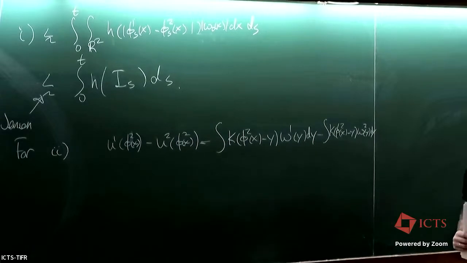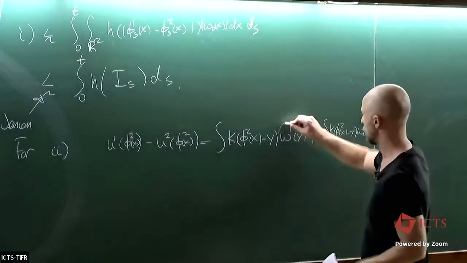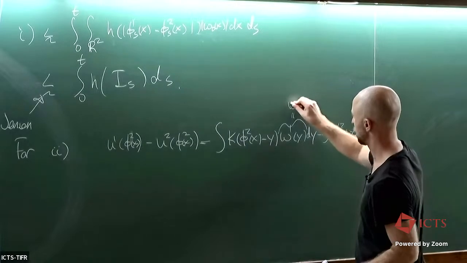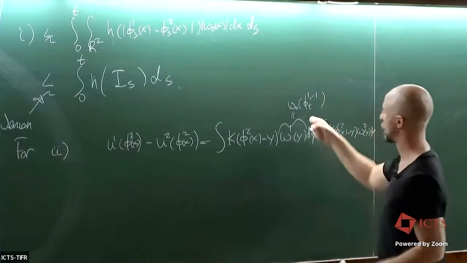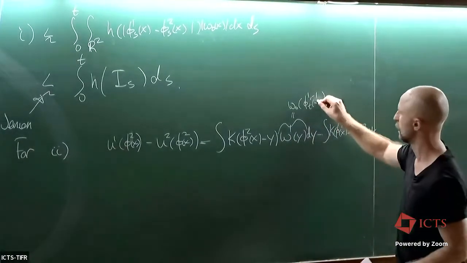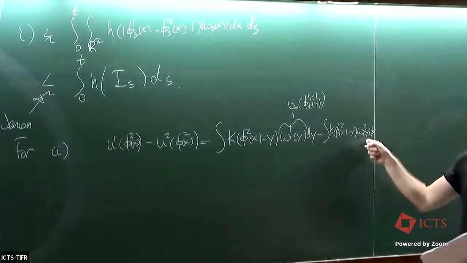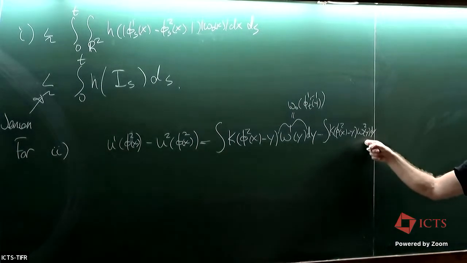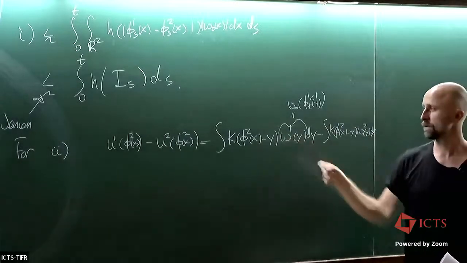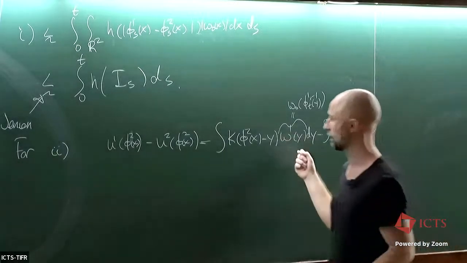Right? But we know that the vorticity is of the form of the initial value plugged in the inverse flow. And exactly the same with the second vorticity. And now again, by volume preservation, we can just interchange here. We can just put this instead of y.